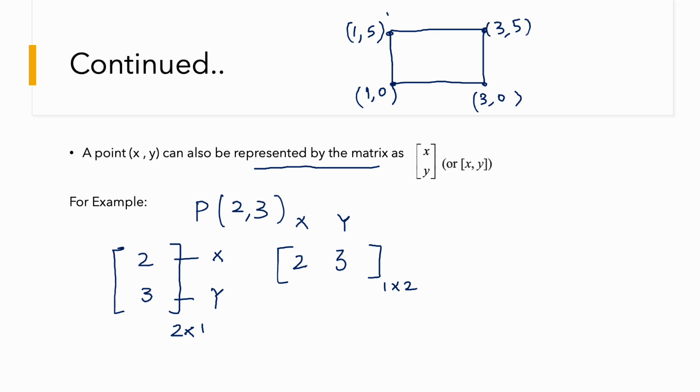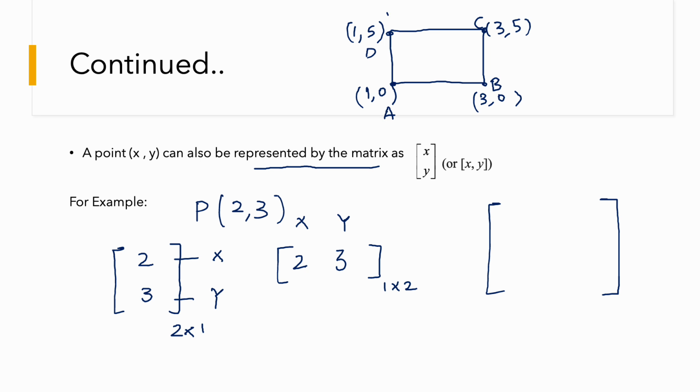Let's say this is point A, this is point B, this is point C, and this is point D. And if I have to represent these 4 points in a particular matrix, how would I represent it? So there are 4 points, and each point has 2 coordinates, x and y coordinate.